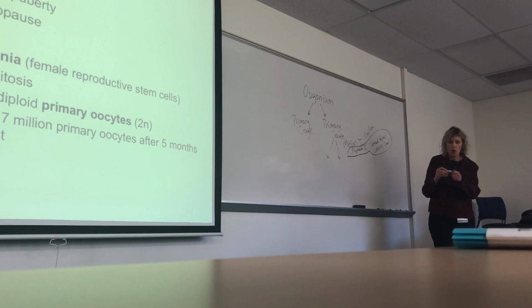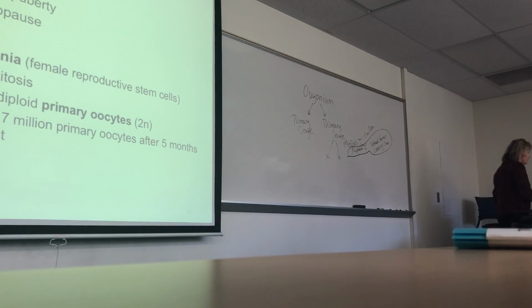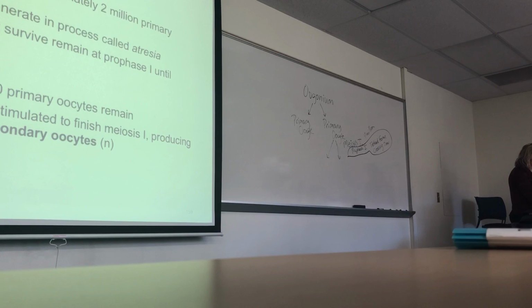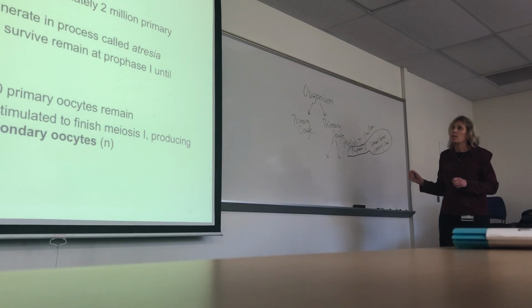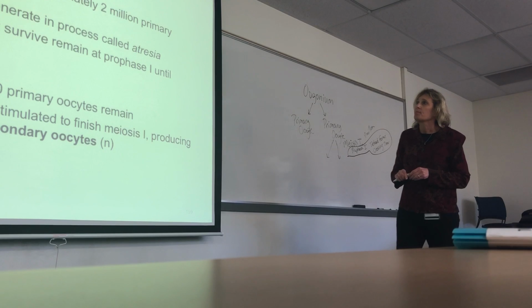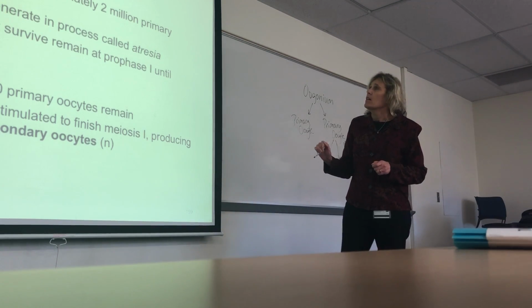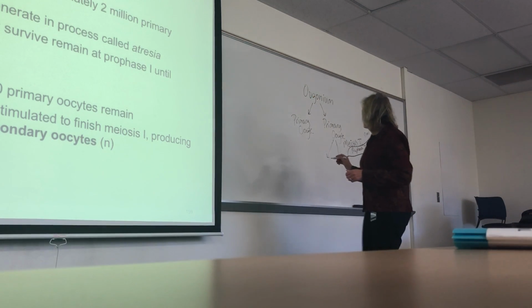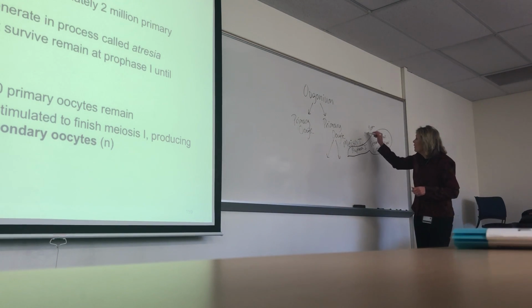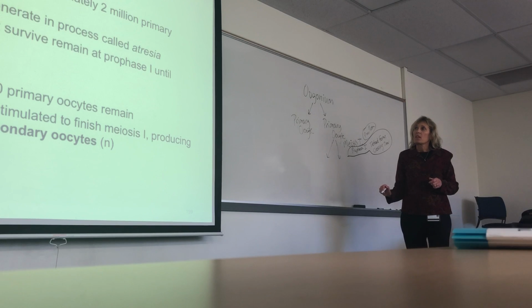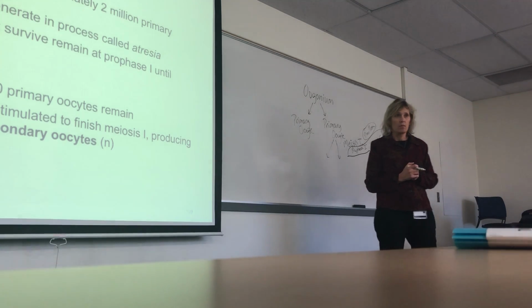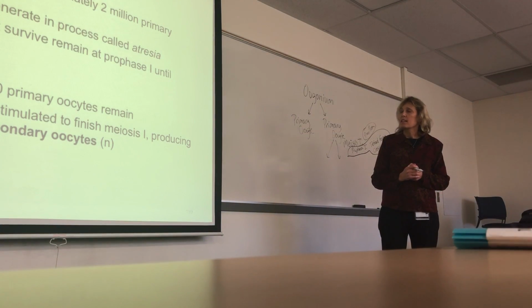All right, so now she's born. Then what happens is that there's a lot of degeneration of these primary oocytes, so that she ends up with only 2 million. Okay, they degenerate.